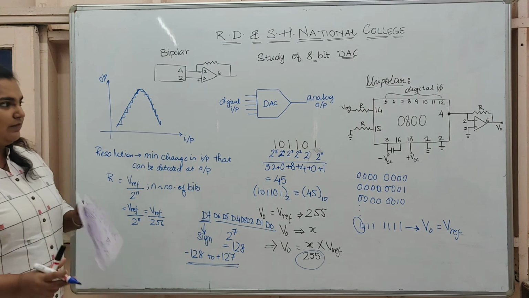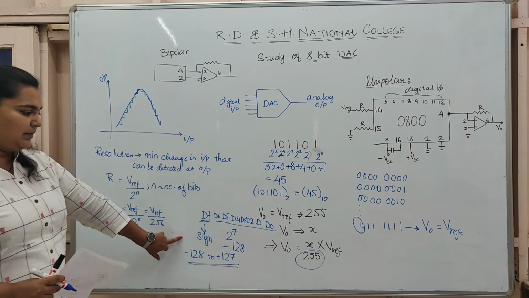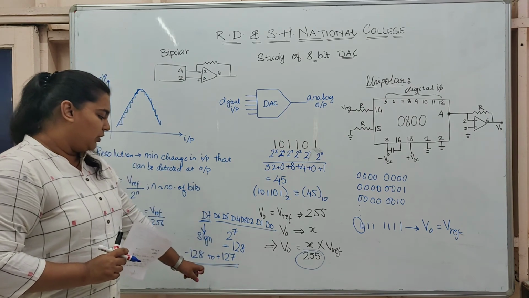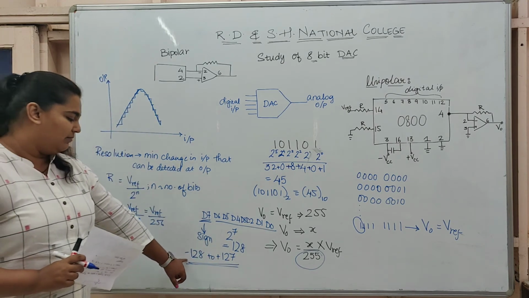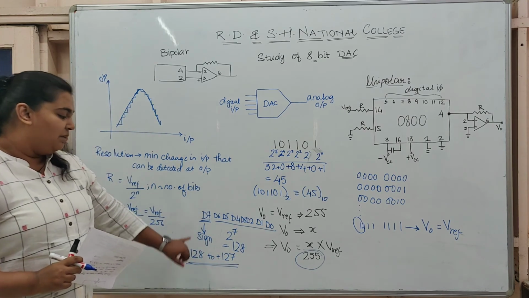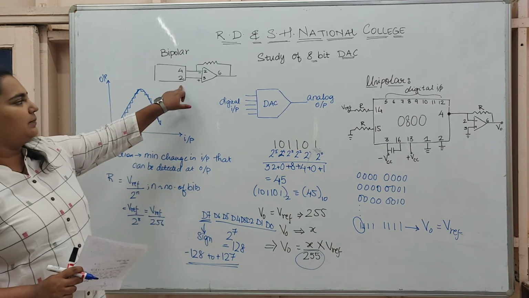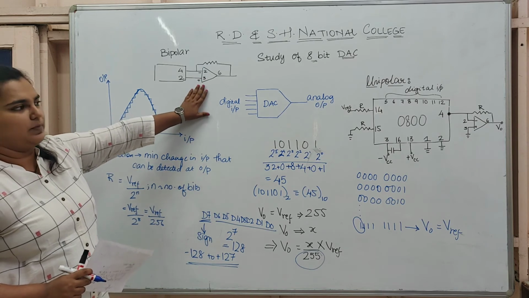If you have to work in bipolar, this is the change which will happen: instead of going up to plus 255, you can only go up to plus 127, but in the negative range you will have minus 128 as well, and the first bit will give the sign, and you will also connect pin number 2 to the non-inverting terminal of your op-amp.